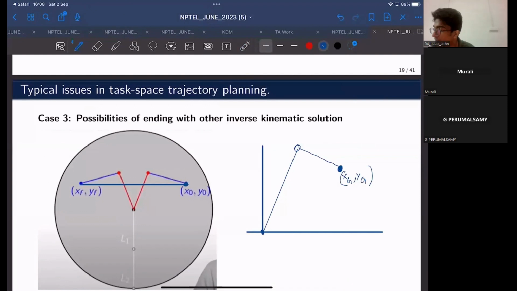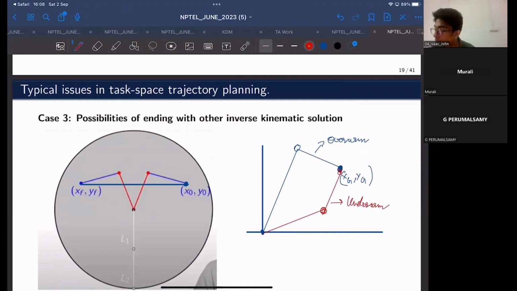The first solution being this, we call the overarm configuration. The second inverse kinematic solution would look something like this. Both of them are fully realizable. This is called an underarm configuration.